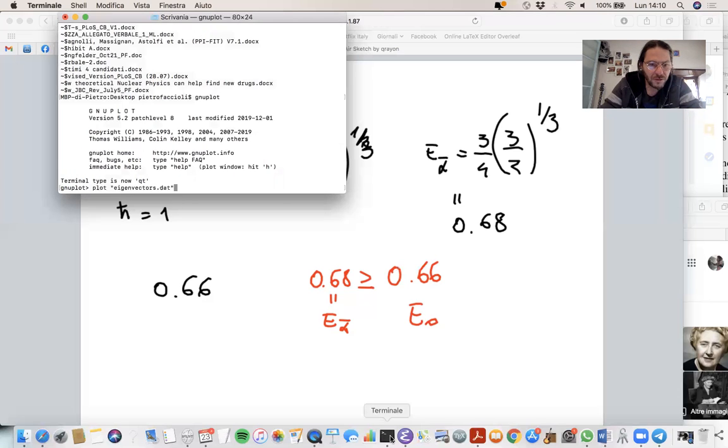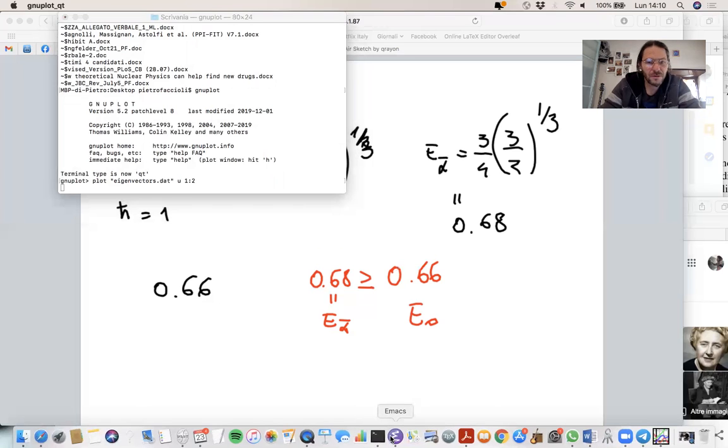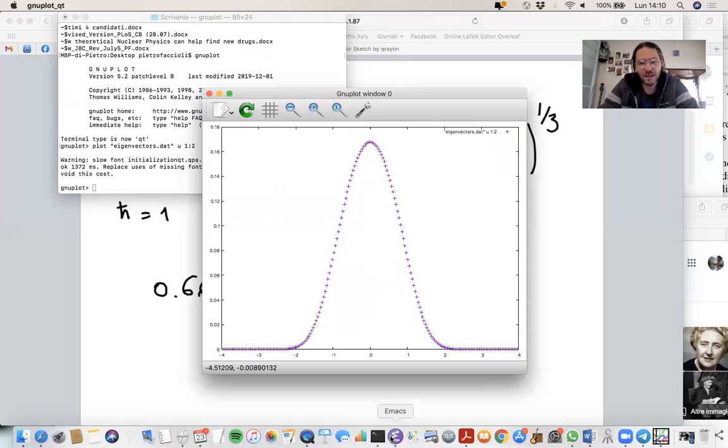Okay. Eigenvectors using 1 and 2. That's the exact solution. And it looks almost like a Gaussian, you see, but we're going to discover this is not exactly a Gaussian, because now we're going to plot the Gaussian ansatz.